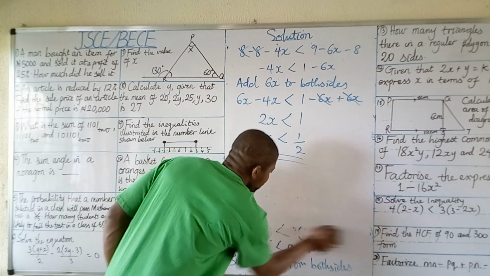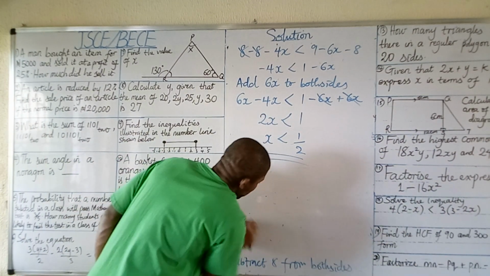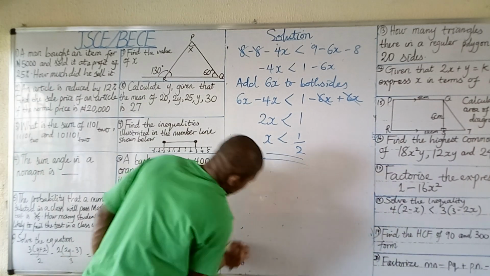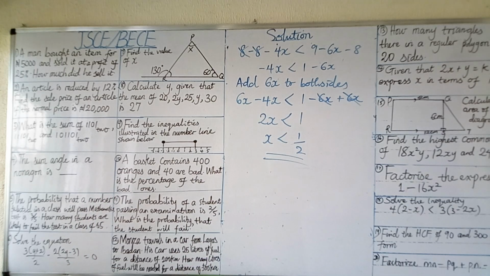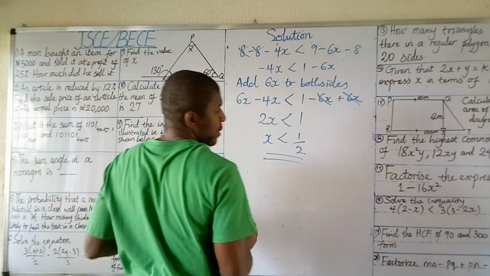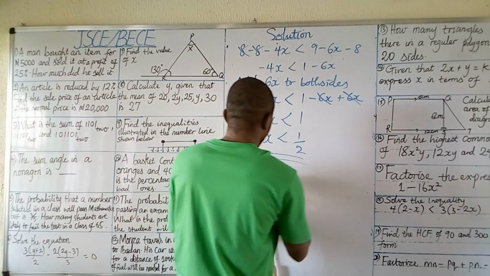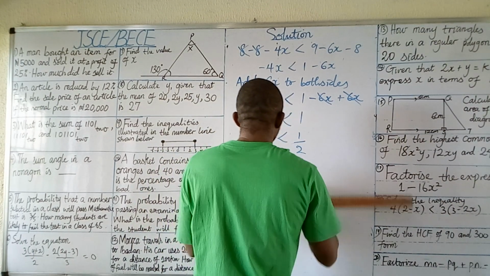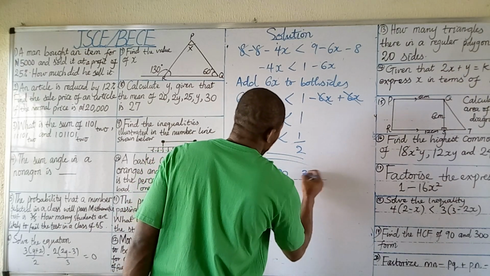I'll move to 19. Question 19 is next. In question 19, it says find the HCF of 90 and 300. Let's do it over here. We have 90, we have 300.